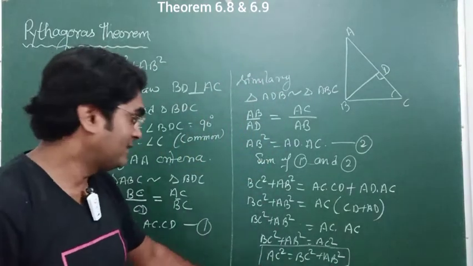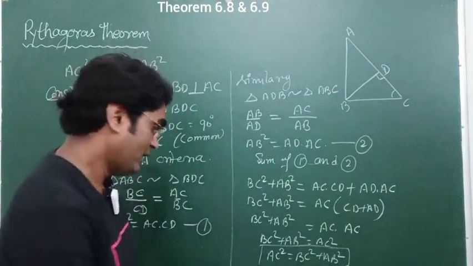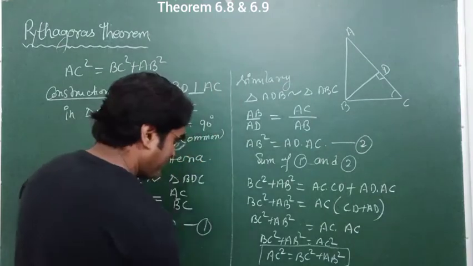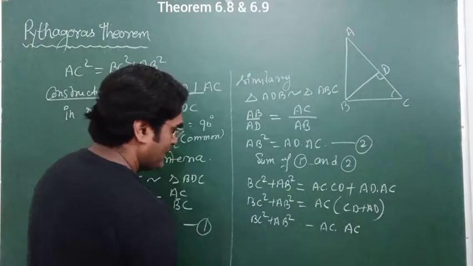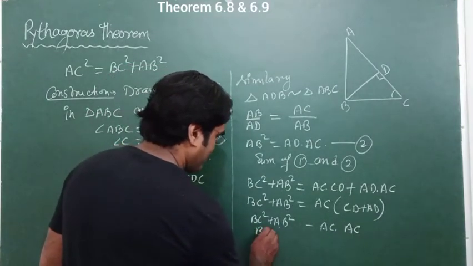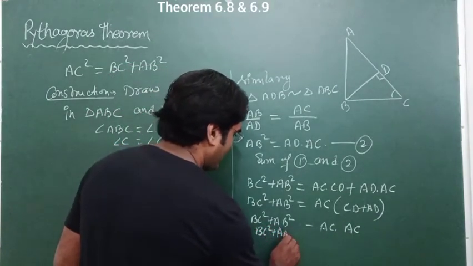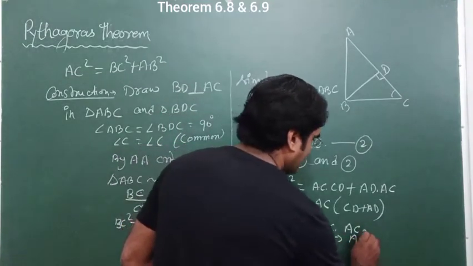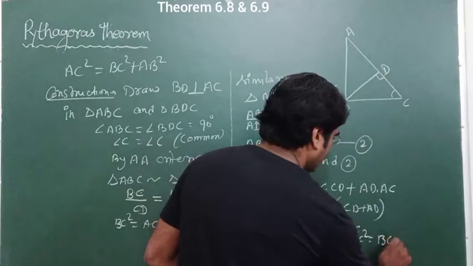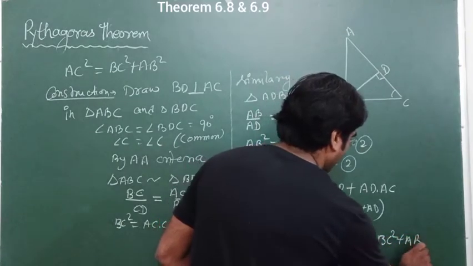AC square is equal to BC square plus AB square.